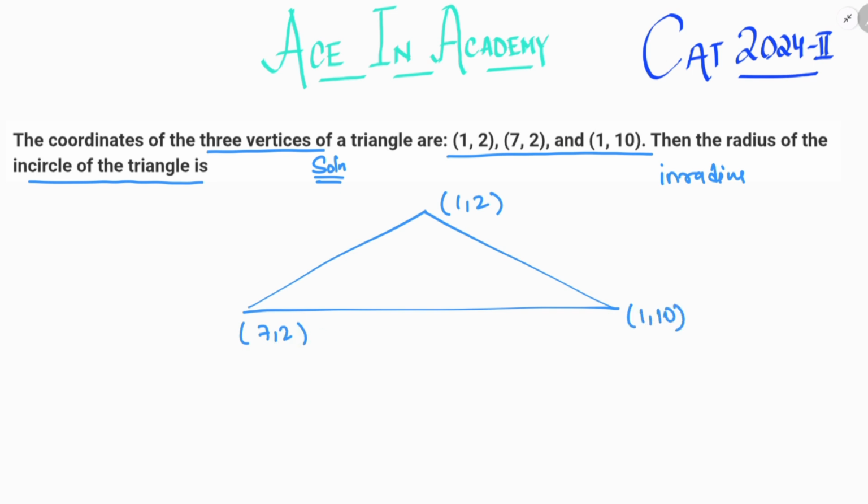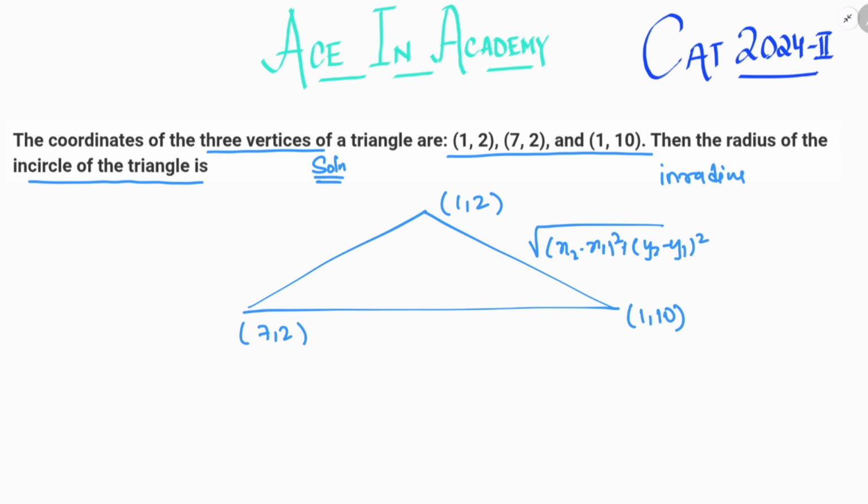Now the first approach to this question is that we'll find all the lengths of the sides of the triangle, and then we'll see if it is a right angle triangle, equilateral triangle or a scalene triangle, and then we'll see in what ways we can find the inradius of this triangle. So we know that to find the length of a side, we just have to use the formula: square root of (x2 minus x1) whole square plus (y2 minus y1) whole square.